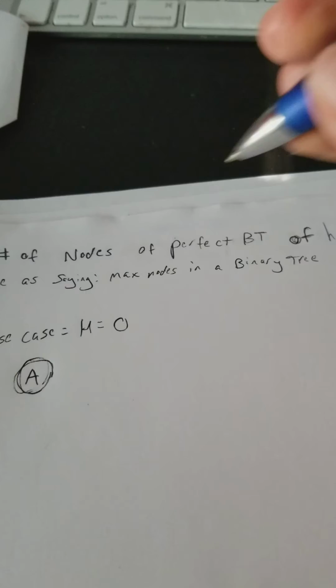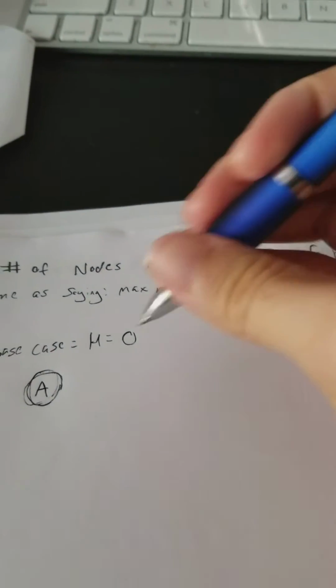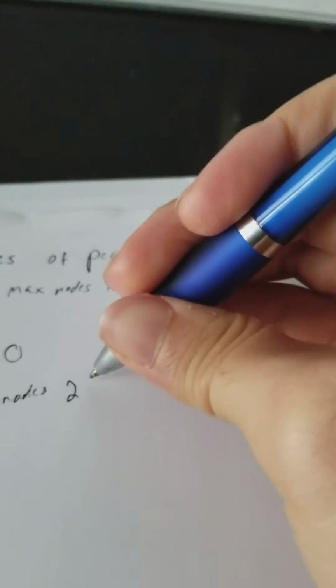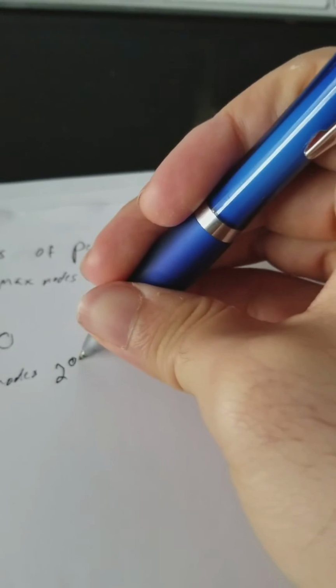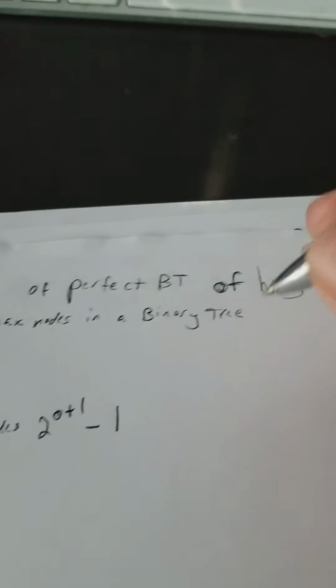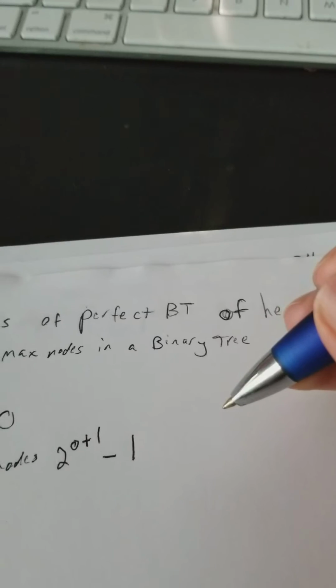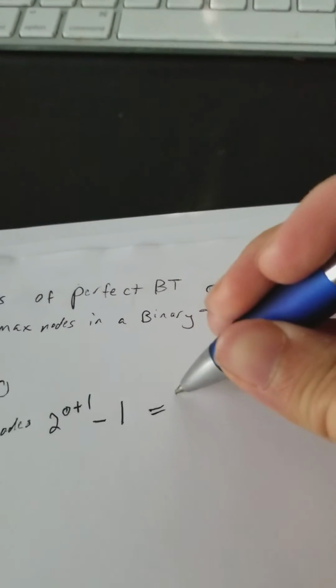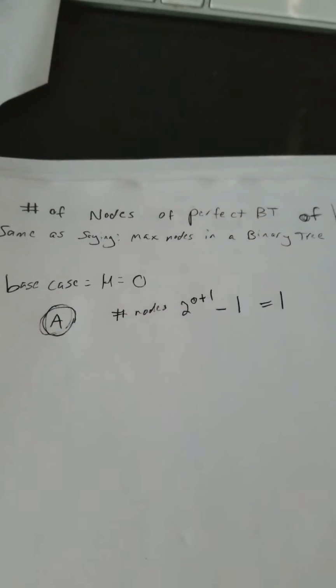So the number of nodes should equal 2 to the power of h plus 1, where h is 0 in this case, minus 1. 2 raised to the power of 0 plus 1 is going to give you 2 to the power of 1, which is 2, minus 1, which all comes to 1. As you can see by our illustration here, we do have one node in this tree, so that's correct.